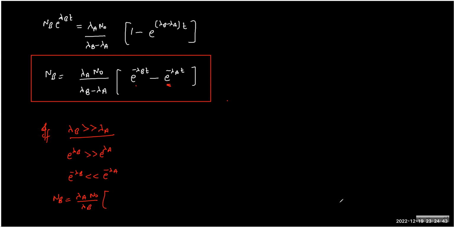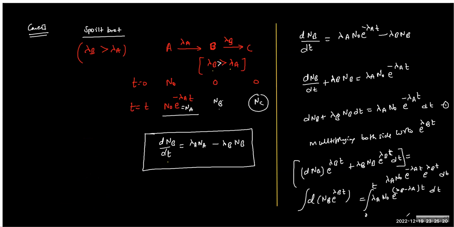If lambda b is much bigger than lambda a... Something is missing. Can you just check where I have missed something?